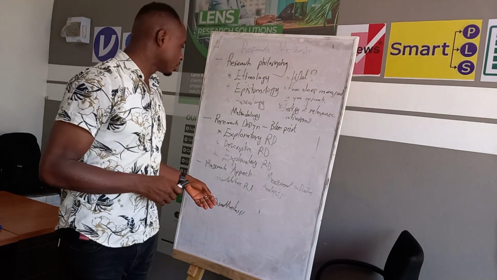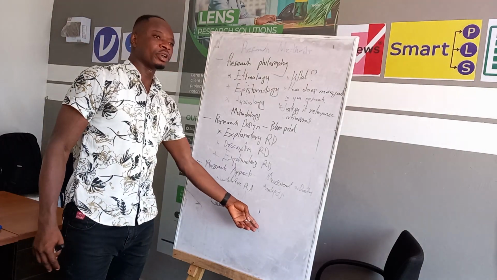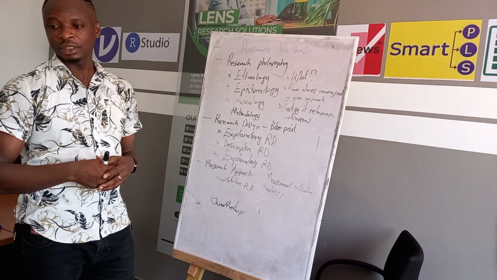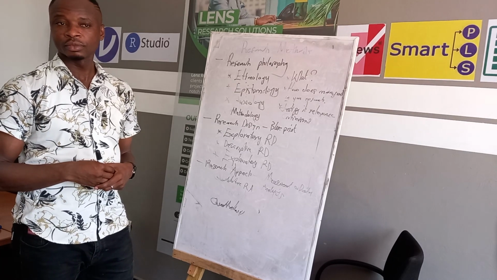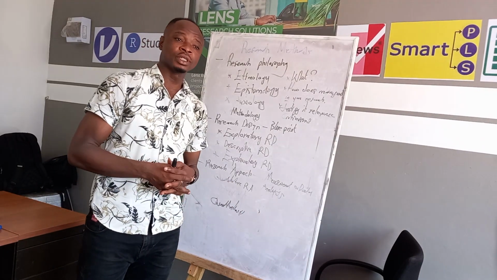When it comes to the analytical techniques, for quantitative, you are more likely to use inferential statistics, advanced level statistics. For the mixed, you are likely to use descriptives, is that not it?